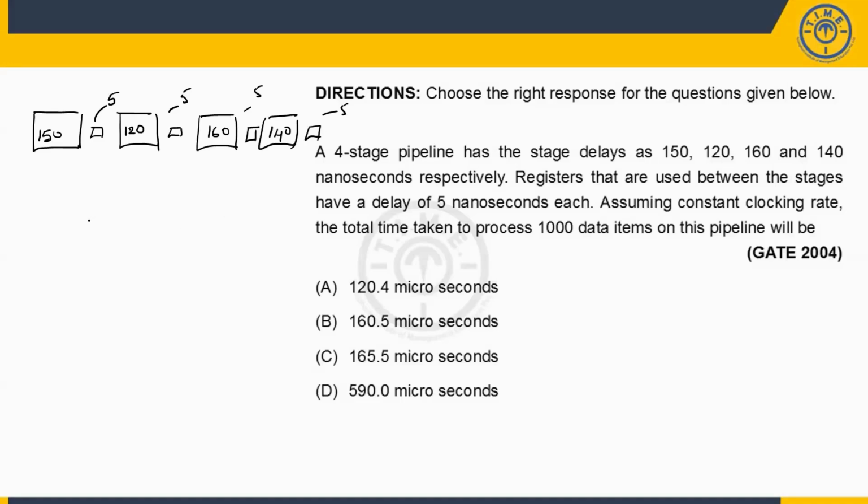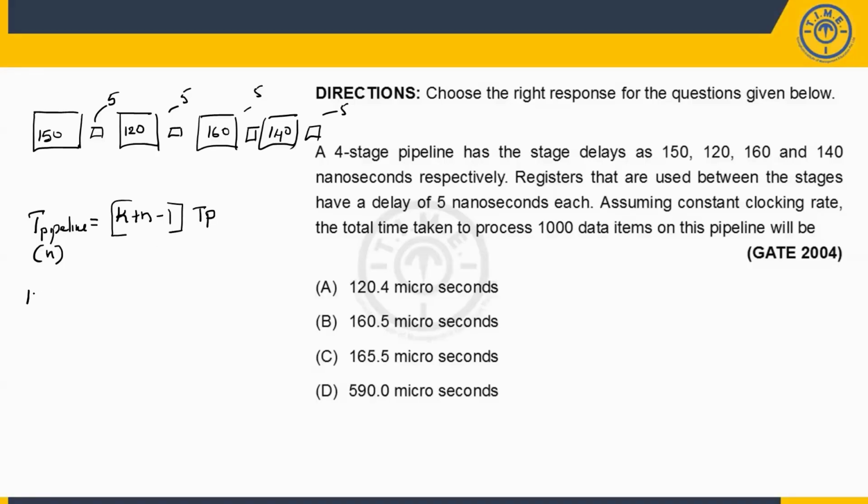In a pipeline, the total time required to execute some instructions, T pipeline for n instructions, will be equal to (K plus n minus 1) into TP.